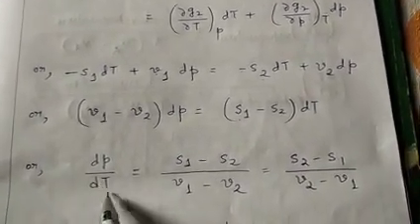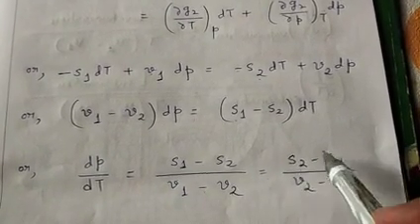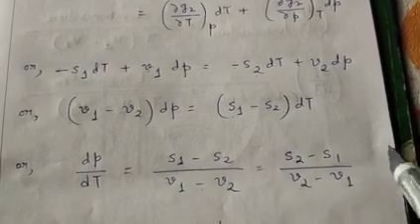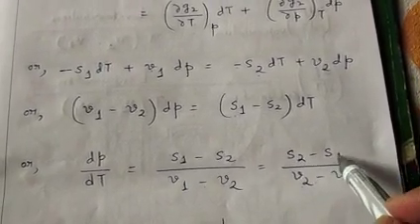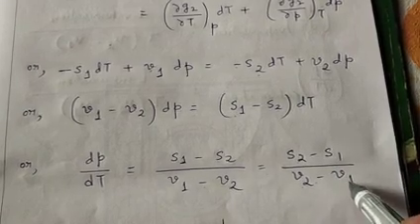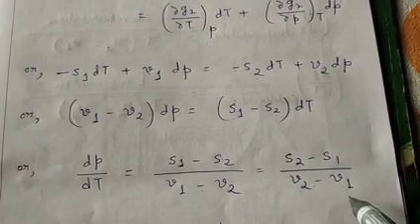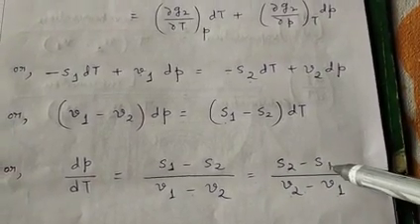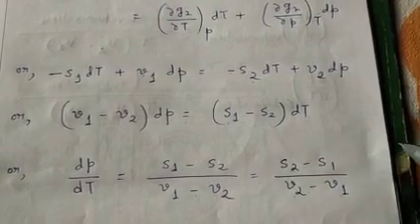So dP by dT will be S1 minus S2 by V1 minus V2, which equals S2 minus S1 by V2 minus V1. So this clearly shows that S2 is not equal to S1 and V2 is not equal to V1. It means during first order phase transition, when the substance goes from phase 1 to phase 2, there is a change in entropy.